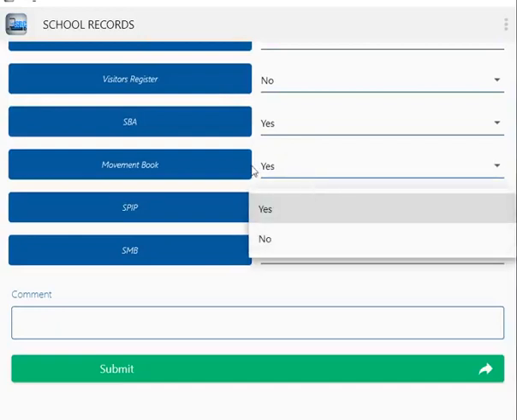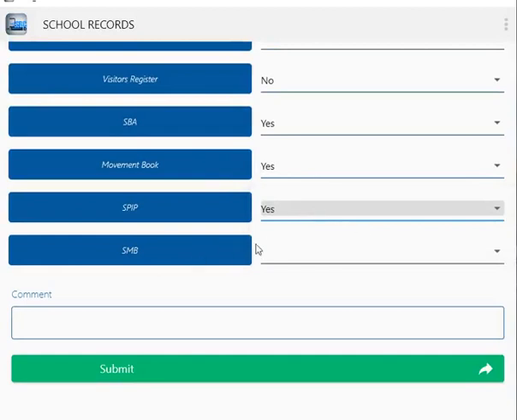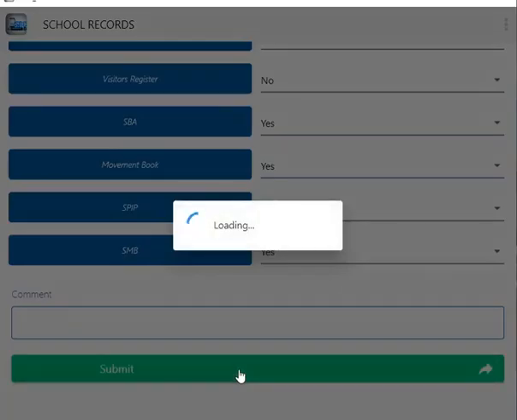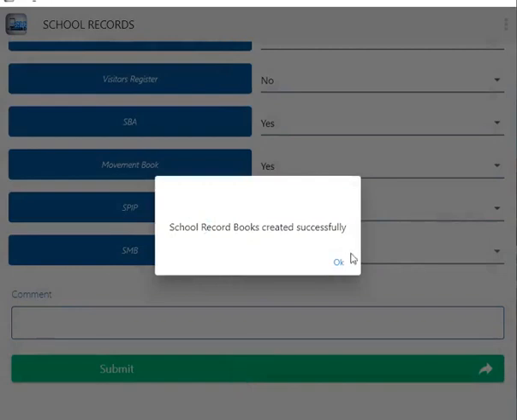This movement book is for the teachers, right? Yes, and there is also a student movement book. In the school, we have the movement book for teachers, TMB, and the student movement book also. When you are done, if there are no comments, click on submit. School record books created successfully.